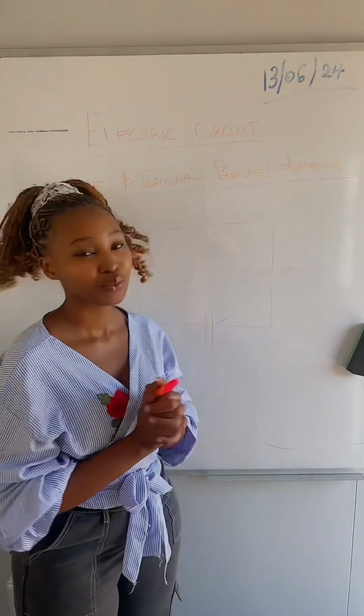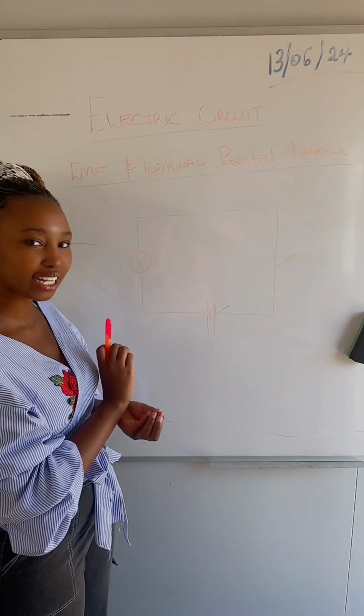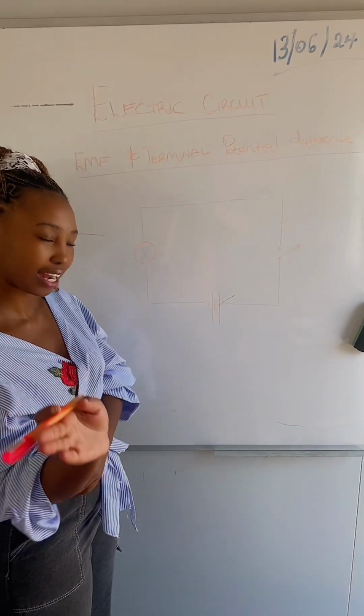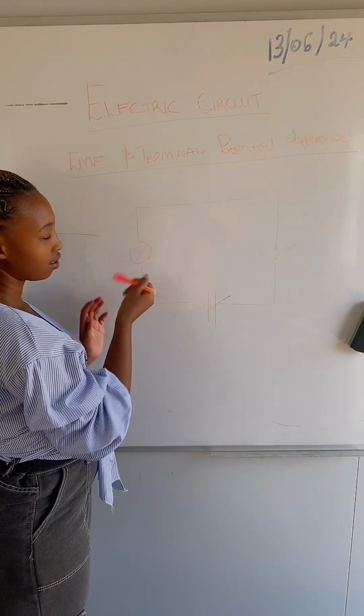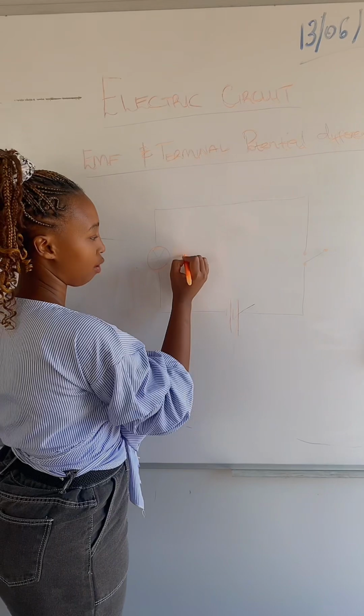Of course, we continue. So, this is a sketch of what a circuit possibly should look like. We have our device, which we can consider as our bulb.